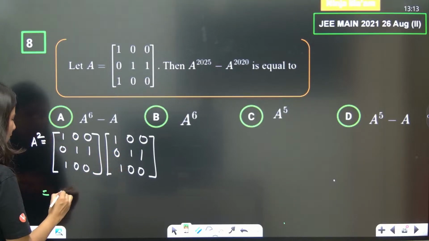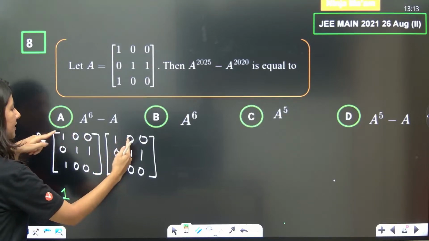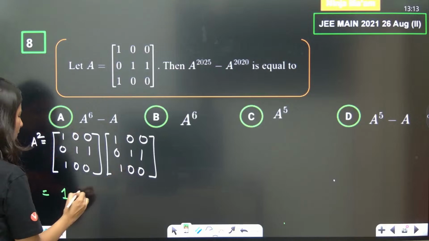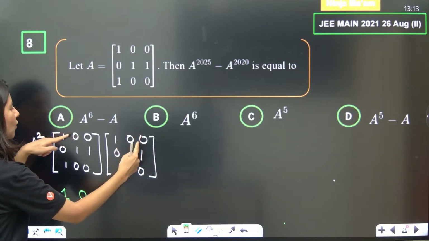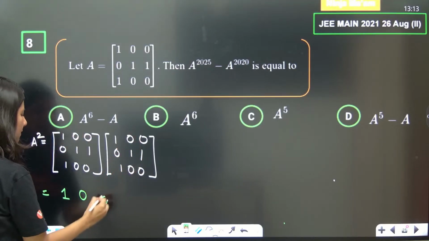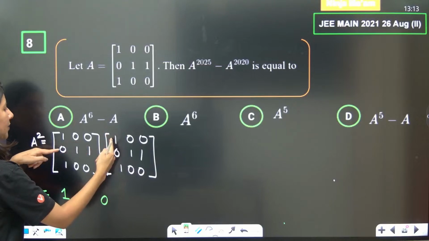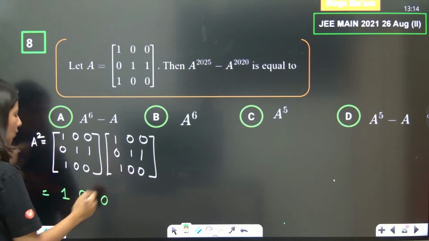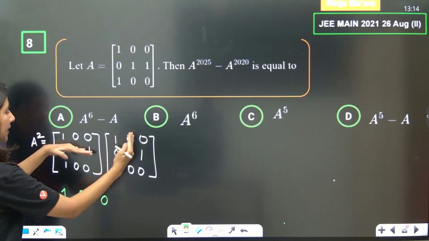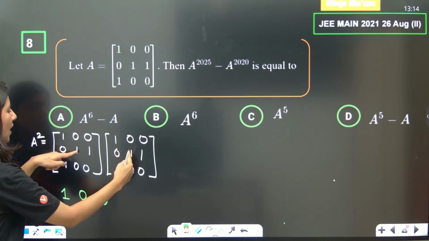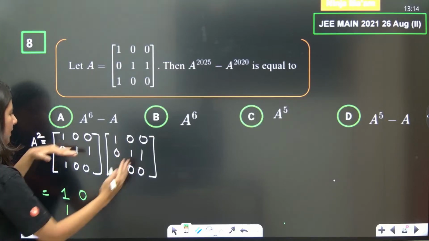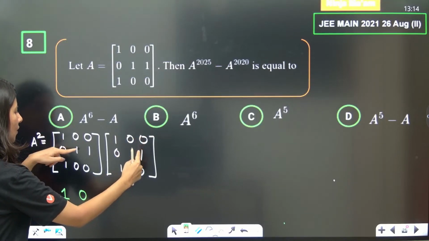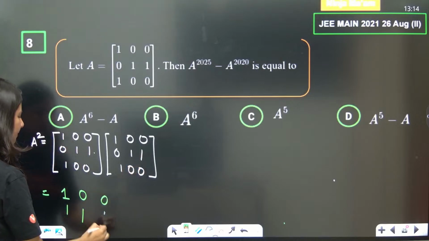This and this 0 0 0, 0 0 0. Then row number 2, column number 1, 0 0 and 1. Then this and this 0 1 and 0.